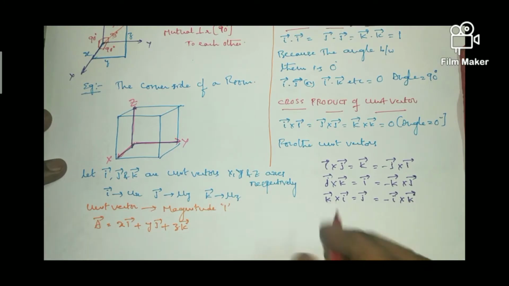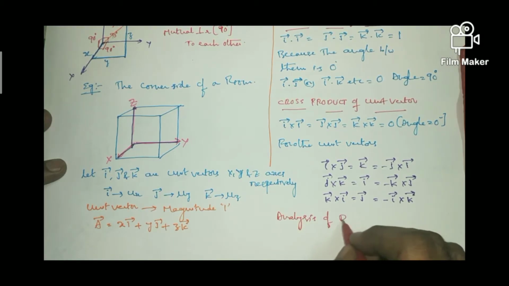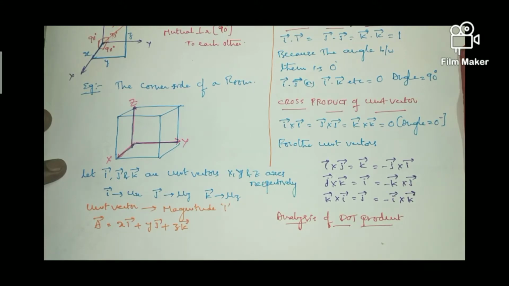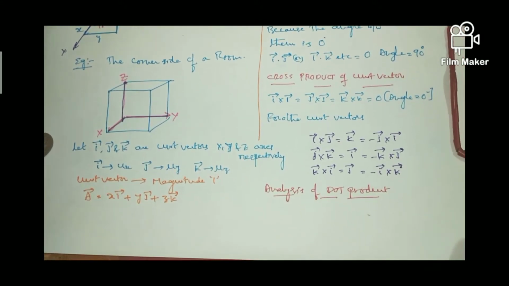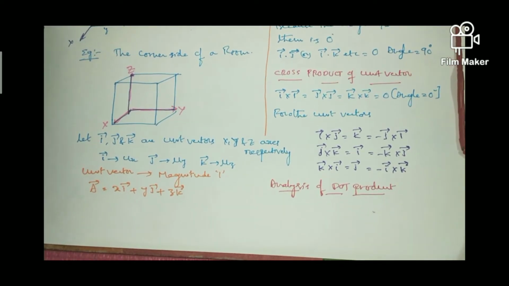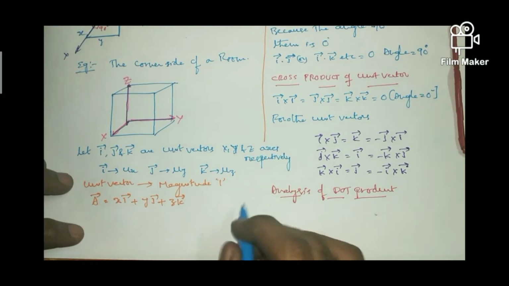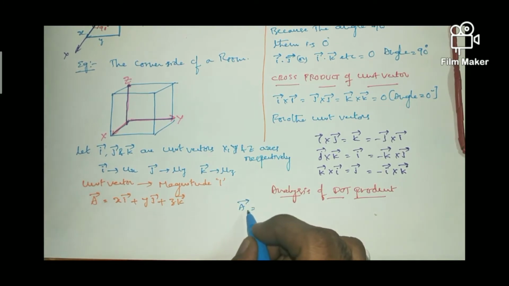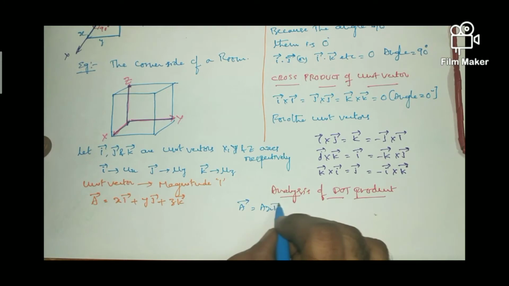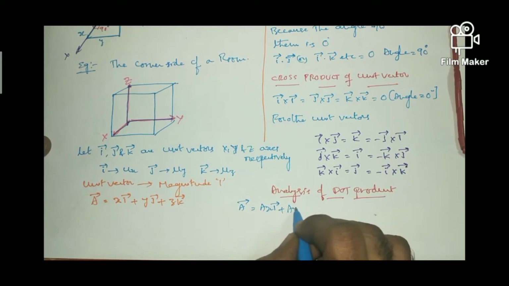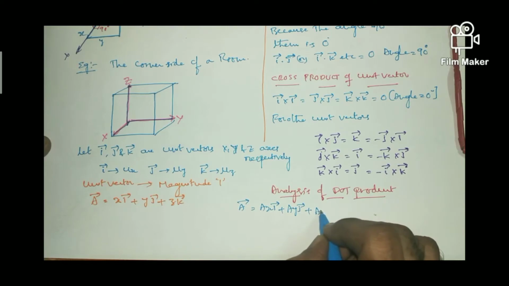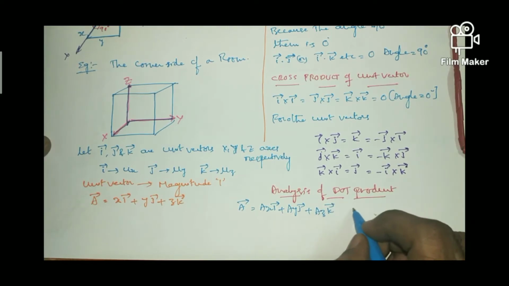Next, let us analyze in detail the dot product. Consider two vectors a bar, which is equal to ax i bar, where the length along x-axis is considered as ax, and ay j bar, the length along y-axis is considered as ay, and az k bar.